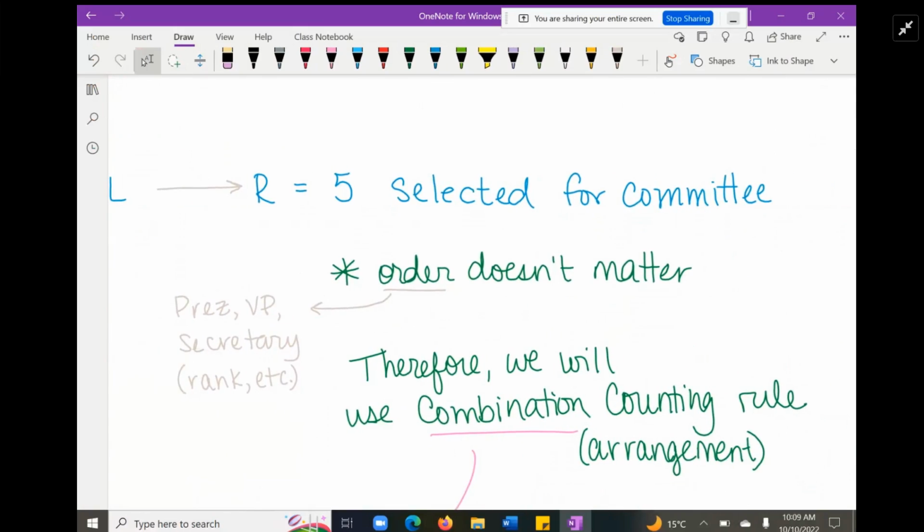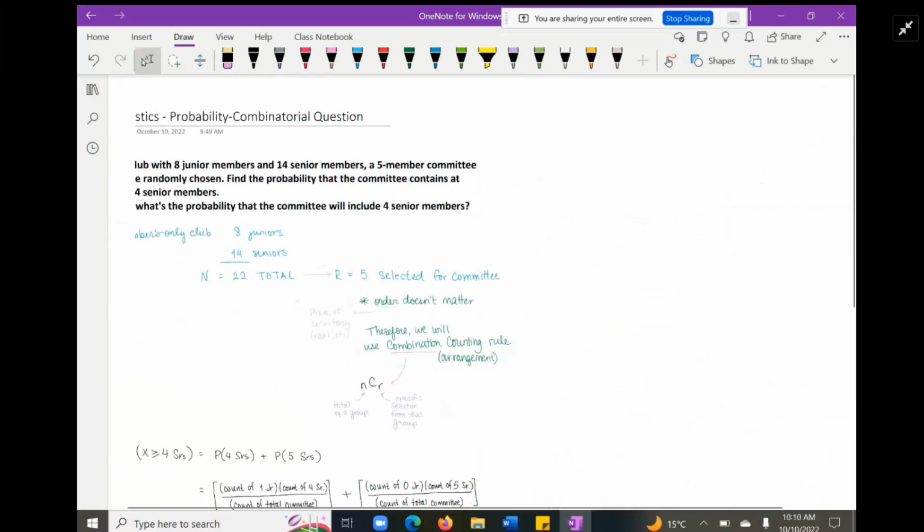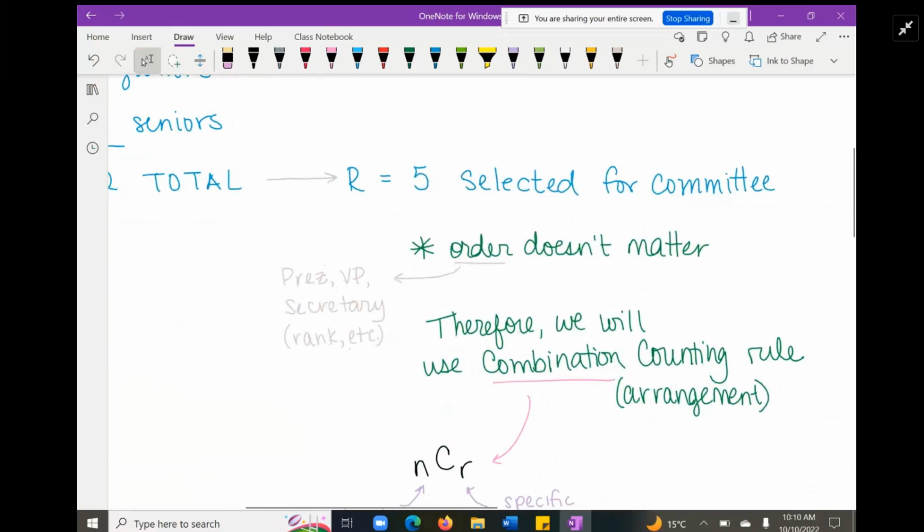Now, the selection, and it does say randomly chosen, right? But for the selection, we have to make a decision here as it relates to the counting rule that we choose, whether order matters or it doesn't. And based on how the problem reads, order is not indicated as a part of the selection process. So we don't have anything regarding specific ranks.